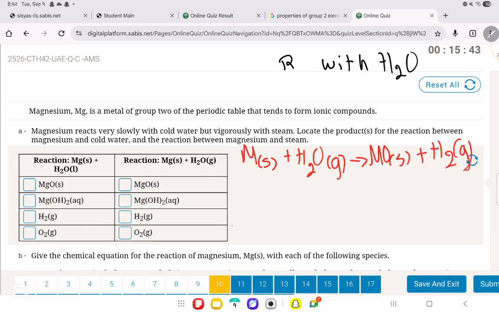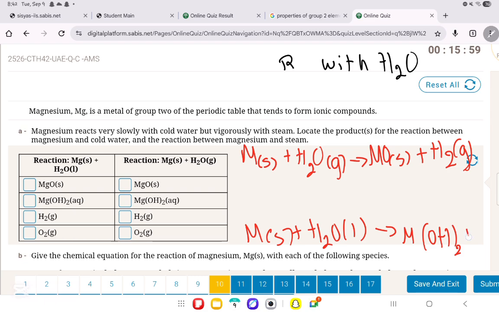However, there's another equation, which is solid metal reacts with liquid H2O to give us a metal hydroxide, which, depending on the level, will be aqueous or solid, in addition to hydrogen gas. So this is not balanced. How do we balance this? Very simply by putting a 2 over here.